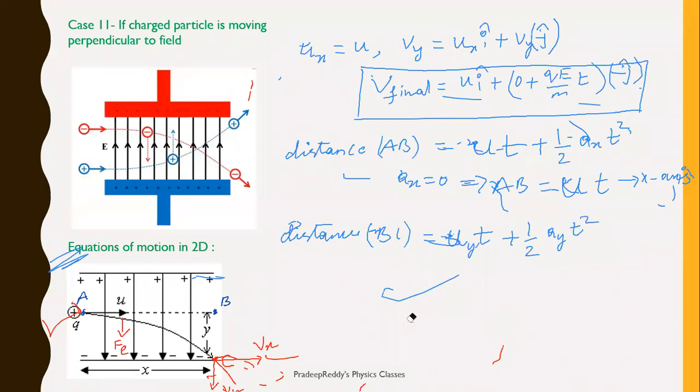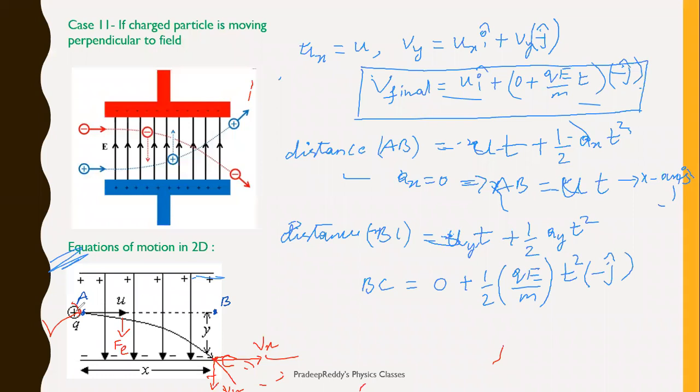Now BC is equal to, along the y direction the initial velocity is 0 at this point, so 0 plus half, and acceleration along the y direction is qE divided by m, into t square. This is BC, and it is in the minus j cap direction.